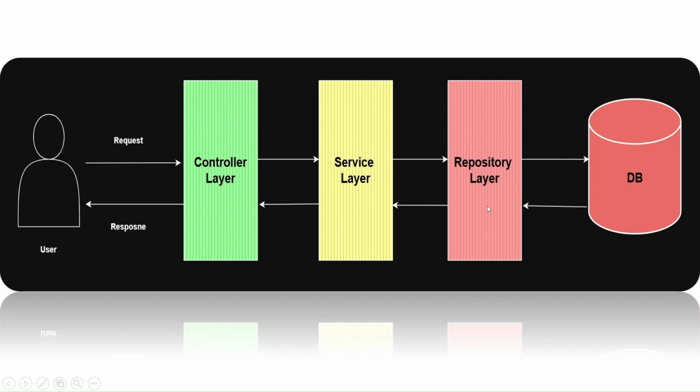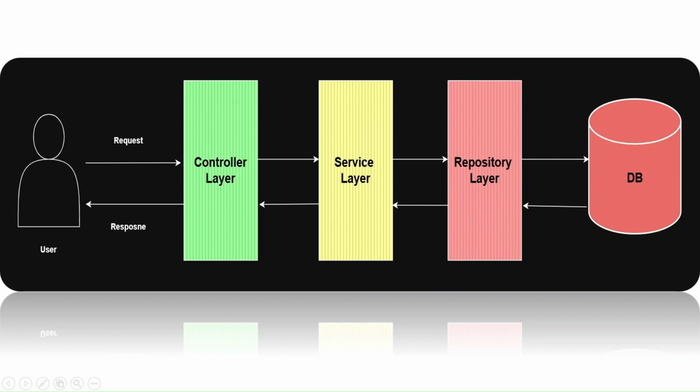So this layer is responsible to store our object to the database. This layer has a responsibility to store our data to the database. Okay, and you can see the flow. The user is sending a request. It first goes to the controller layer, then controller layer accesses the service layer.